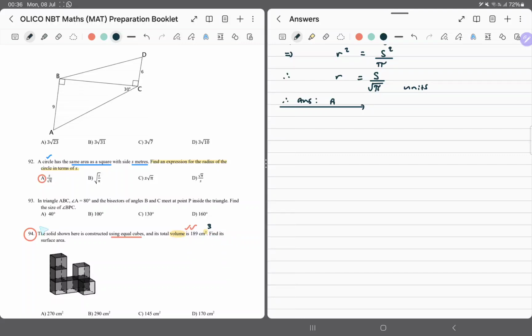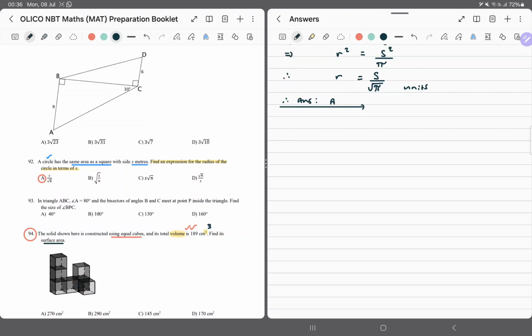But then it says find its surface area, so we can't be given the surface area if we're supposed to find the surface area. So basically all of these are square centimeters, and that means this is cubic centimeters. All right, so we've got the volume, and we know that these are cubes, so this is very easy.